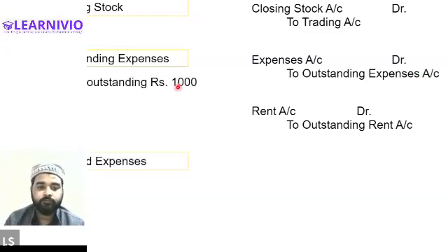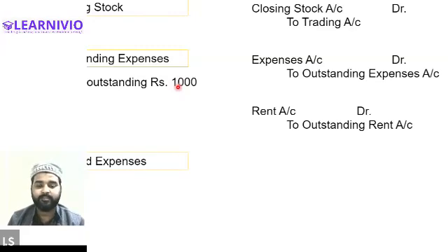Then the general entry for the prepaid expenses. If any adjustment entry is given in the question regarding the prepaid expense, prepaid expenses basically means that we have paid the expense on an advance basis. Let's suppose a certain expense is to be incurred in the next month. We were required to make the expenditure next month, but we have paid it in advance.